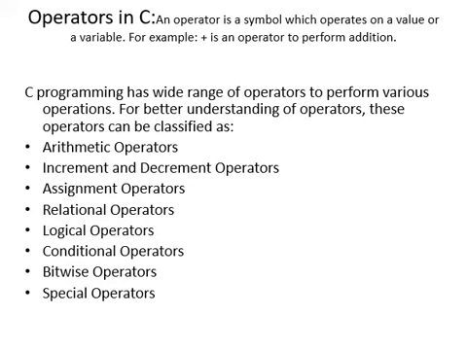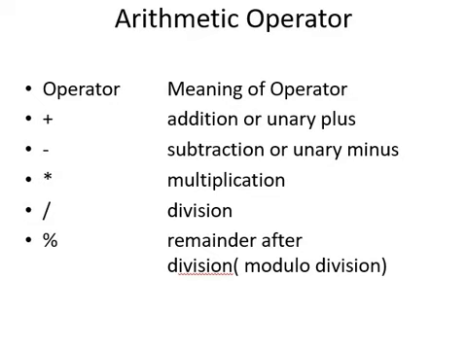For better understanding, these operators can be classified as arithmetic operators, increment operators, decrement operators, assignment operators, relational operators, logical operators, conditional operators, bitwise operators, and special operators. The meaning of each symbol is defined here.